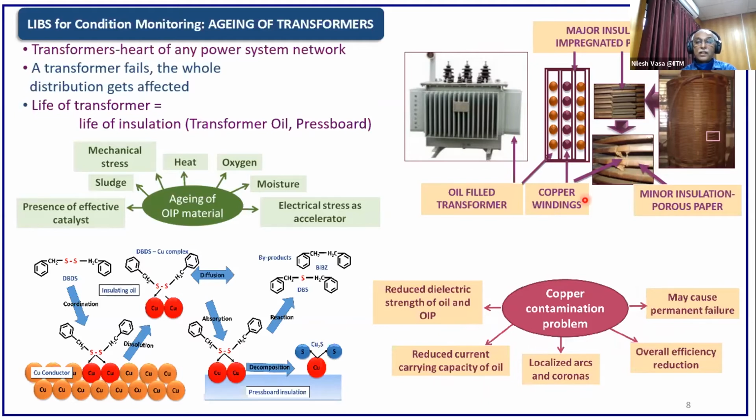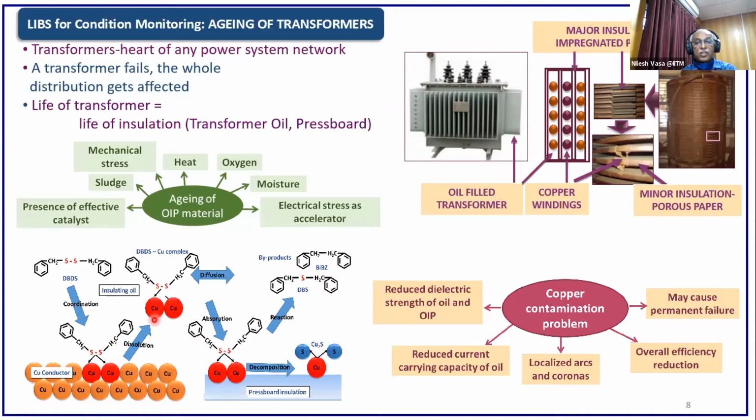So if we can detect any such copper contaminant on the surface of this pressboard, it may be helpful, is the idea. And how to detect this? Can we use laser-induced breakdown spectroscopy for this? That is the point that we wanted to study.